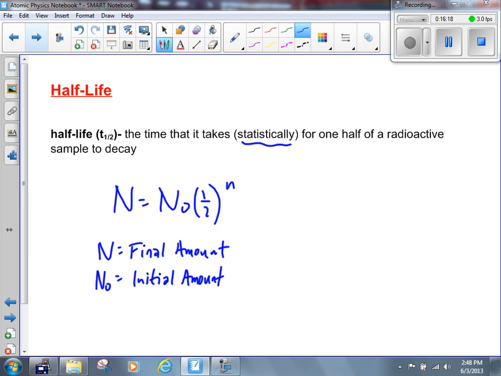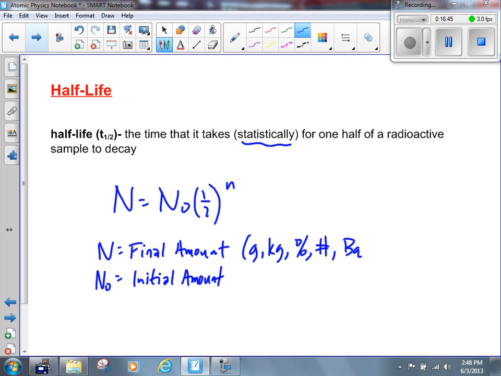The final amount can be measured in whatever units you want as long as it indicates an amount. For instance, it could be grams, or kilograms, or even a percent, or it could simply be a number, the number of nuclei. A becquerel is a decay per second, so not only an amount, but sometimes the rate of decay.